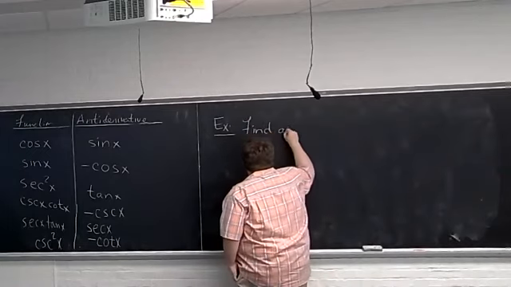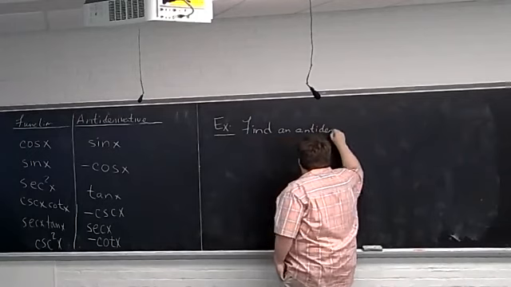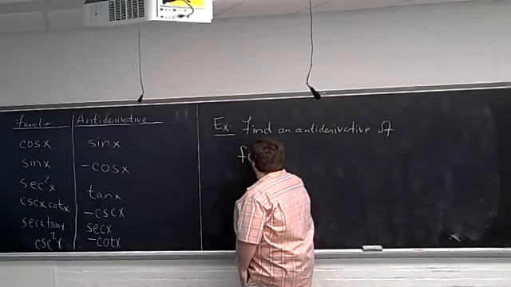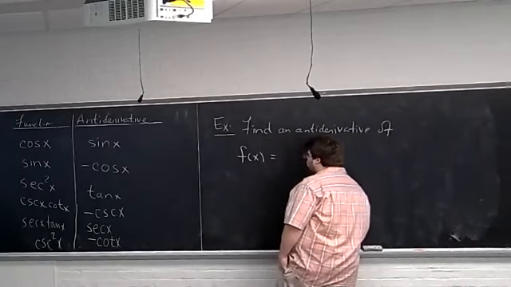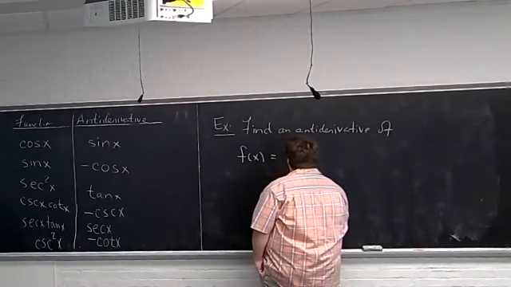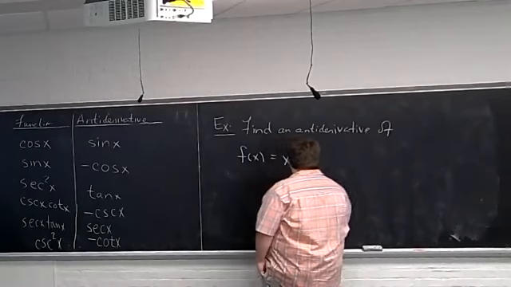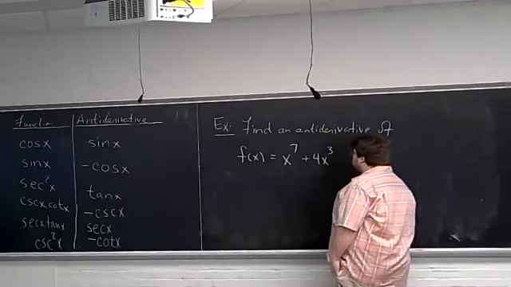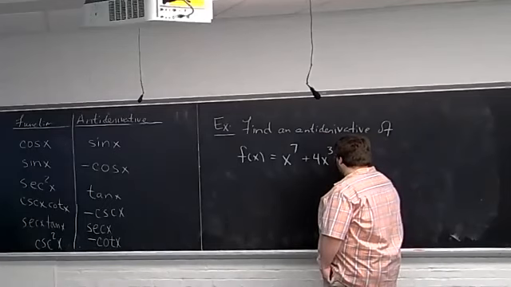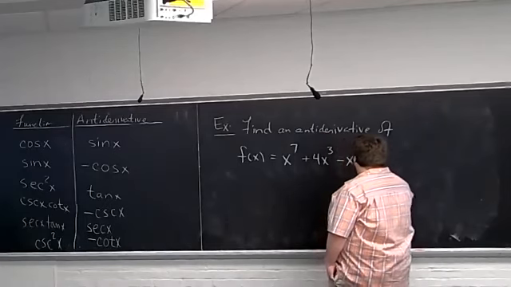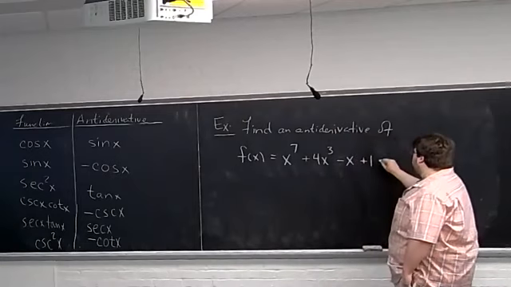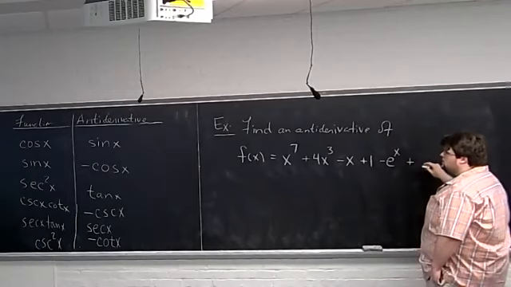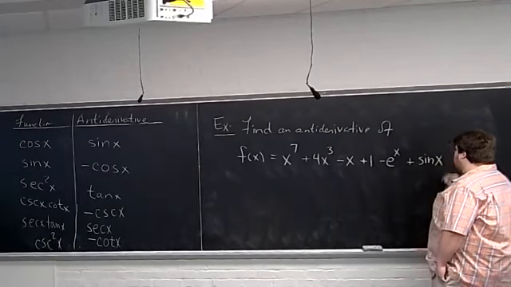Find an antiderivative of lowercase f equals, let's put 4 or 5 pieces and illustrate a few rules: x to the 7th plus 4x cubed, minus x plus 1, minus e to the x, plus sine x.